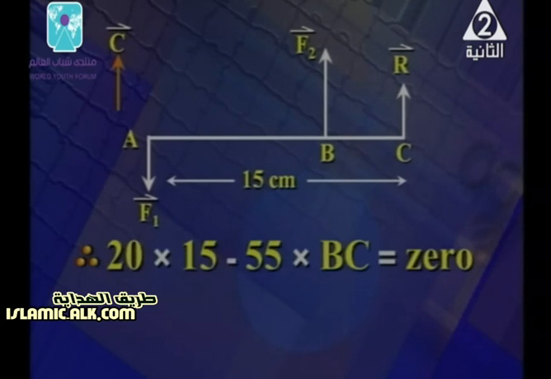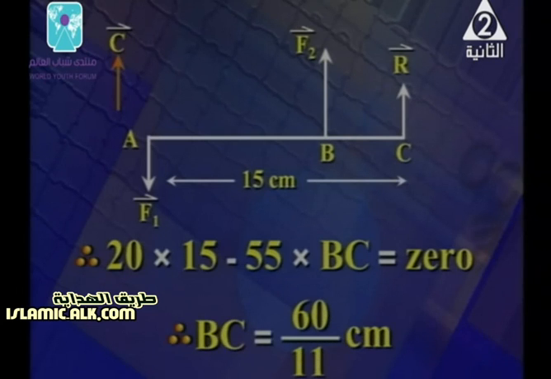After that, we use the theorem of moment: 20 times 15, where 20 is the magnitude of F1 times the distance 15, minus 55 times BC equals 0. To find the value of BC, BC equals 60 over 11.